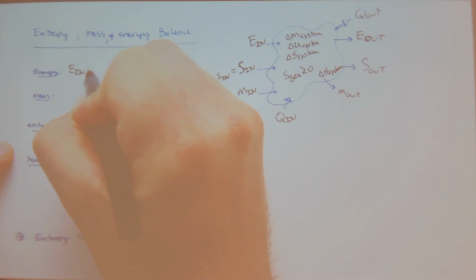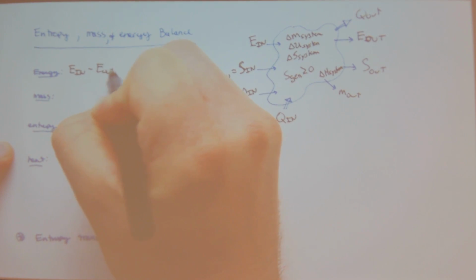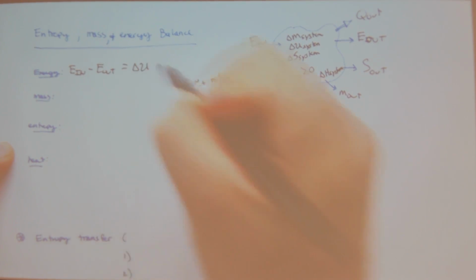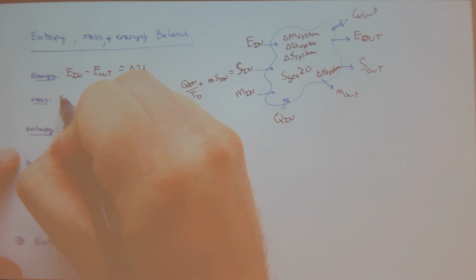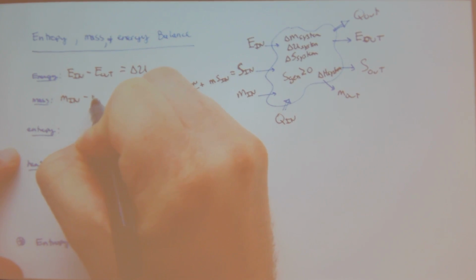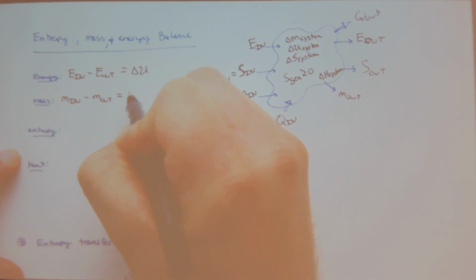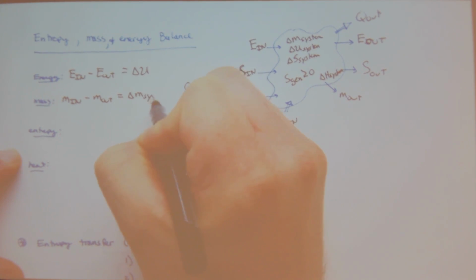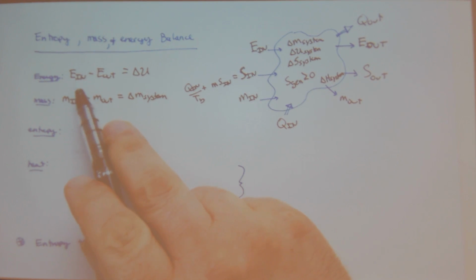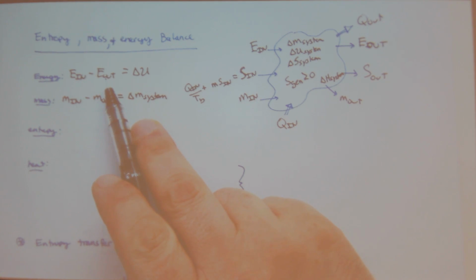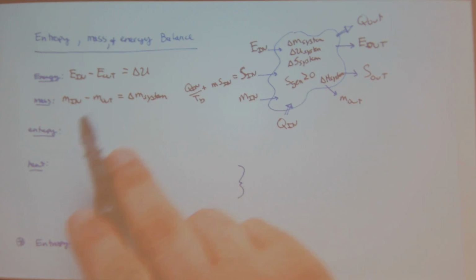I have energy in minus energy out equals the change in internal energy. For mass balance, I have mass in minus mass out equals the change in mass of my system. So this represents all the forms of energy crossing my boundary into my system, all the forms of energy leaving, all the mass entering my system, all the mass leaving my system.